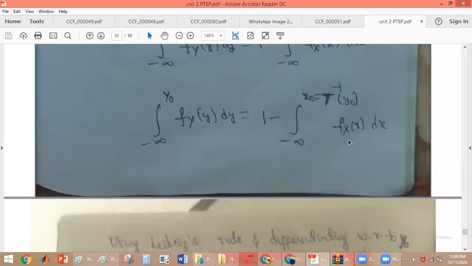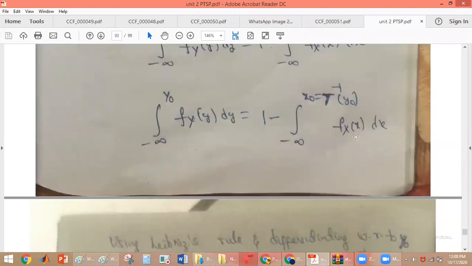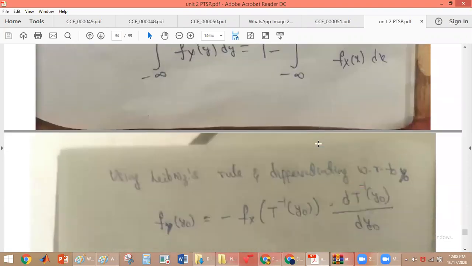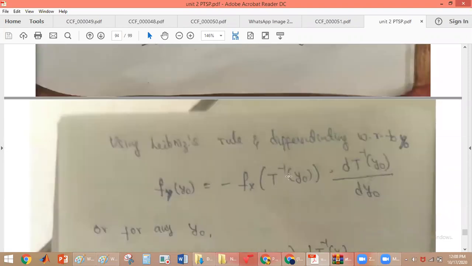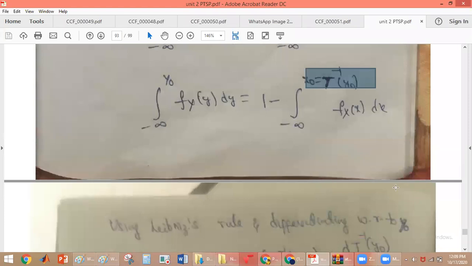We substitute the upper limit, that is T inverse of y naught, in place of x in f_X of x, and differentiate the upper limit with respect to y naught. So it is f_X of T inverse y naught times d T inverse of y naught by dy naught. And we know that F_X of minus infinity is 0.